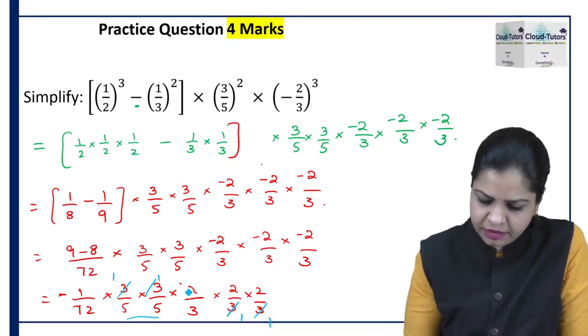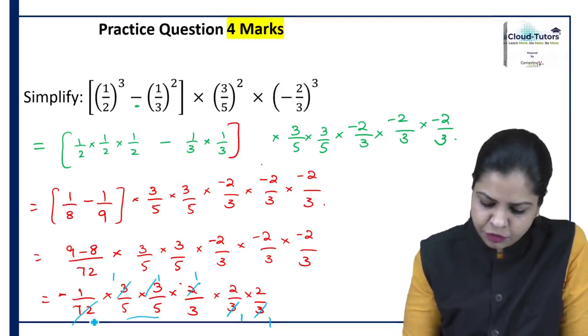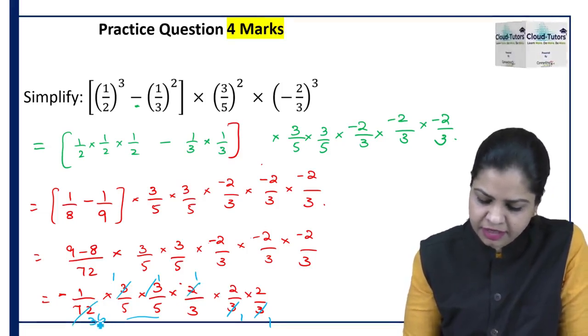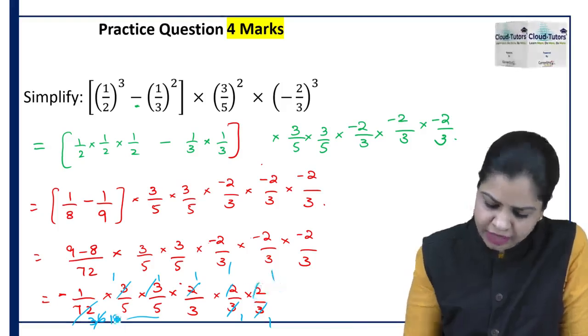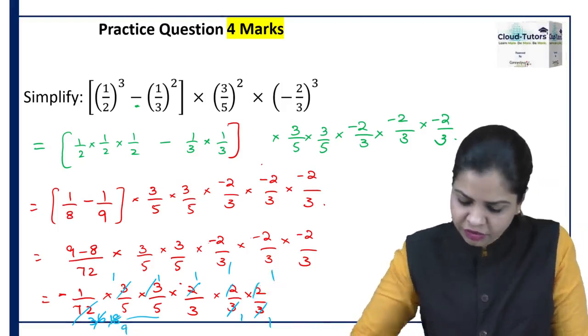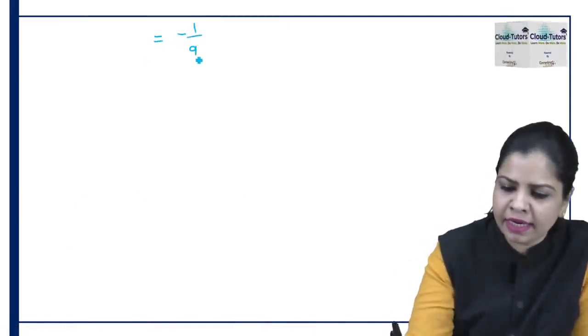This is 25, and 2 ones are 2, so this would be 36 times. 2 ones are 2, this would be 18 times. 2 ones are 2, and this is 9 times. So your answer would be negative 1 by 9.